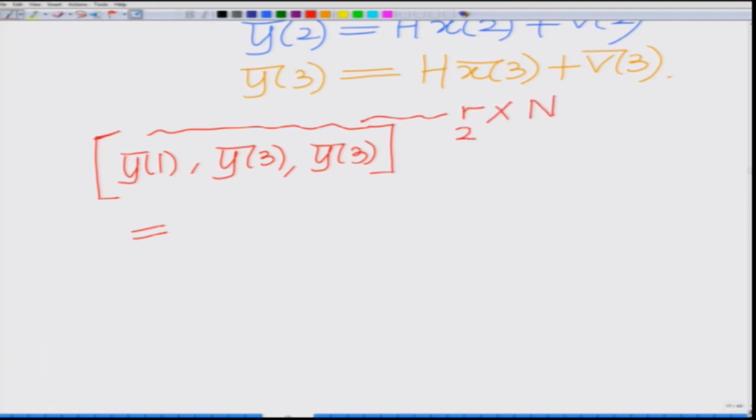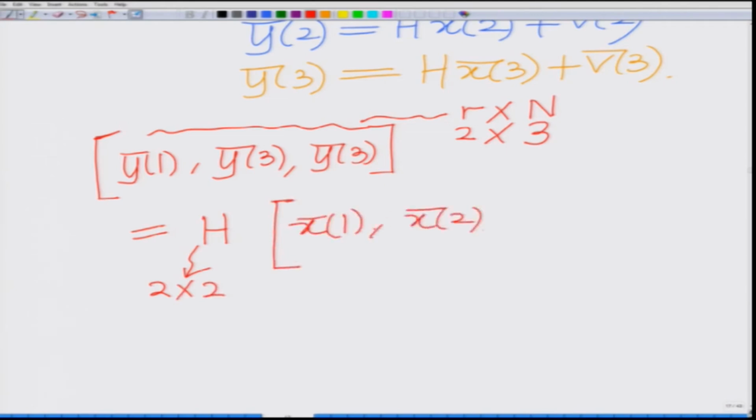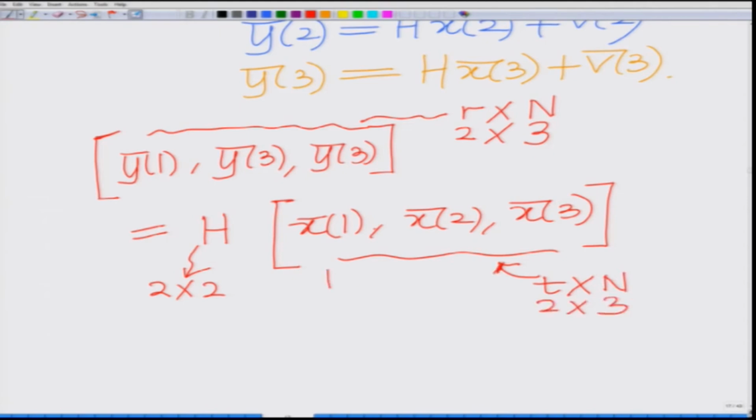This is r cross n, basically a 2 cross 3 matrix, equals H, which is as usual your 2 cross 2 channel matrix, times x bar 1, x bar 2, x bar 3. This is your T cross n, basically your 2 cross 3 pilot matrix. We denoted this by x.